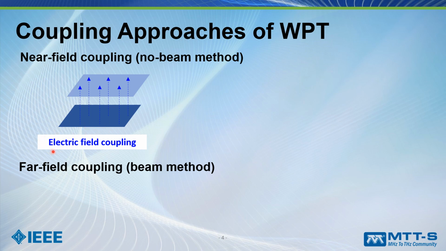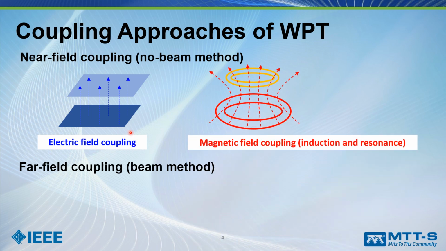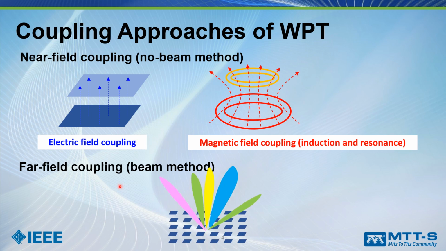One is electric field coupling, and the other is magnetic field coupling, which usually uses loops or coils. It is also called the induction or magnetic resonance method. So there are two typical near-field couplings. And for far-field coupling, we usually use an array antenna to control the beam to transfer the power to the desired target.